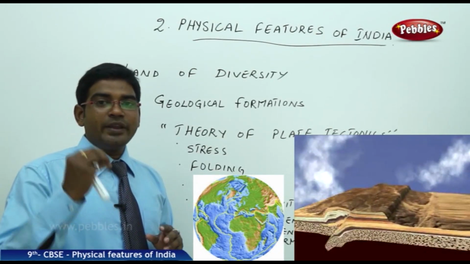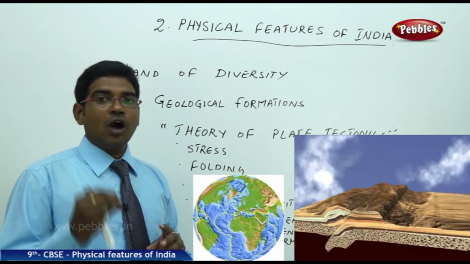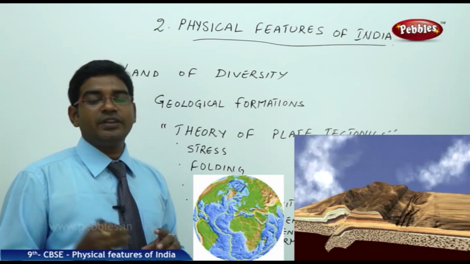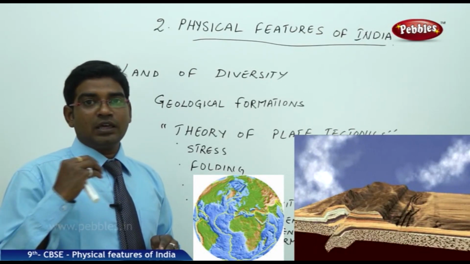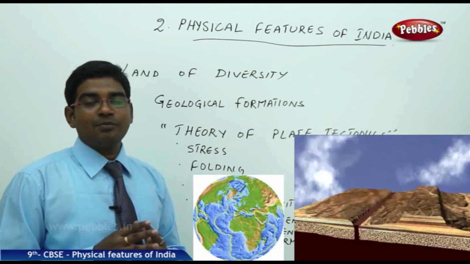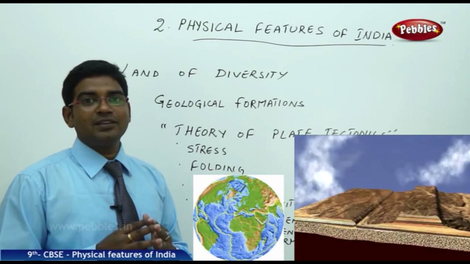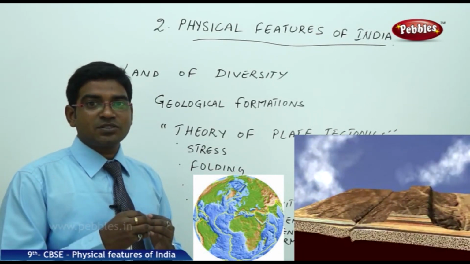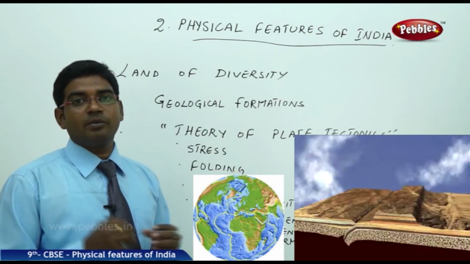Now, let us go in detail to understand how the different landforms of India came into existence, especially the remarkable land boundary of India, the Himalayas, which stretches over more than 5 lakh square kilometers.